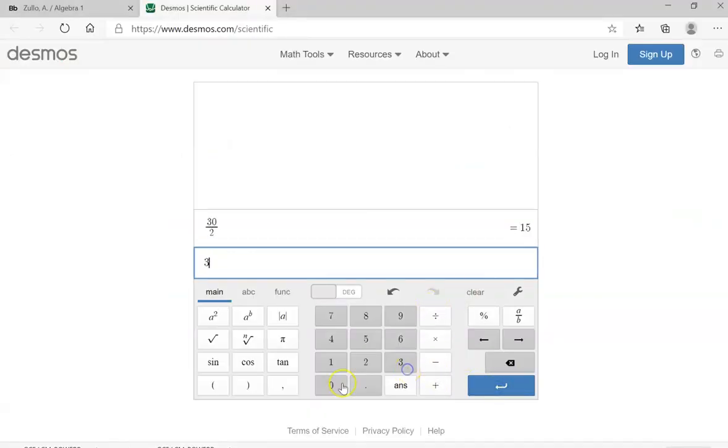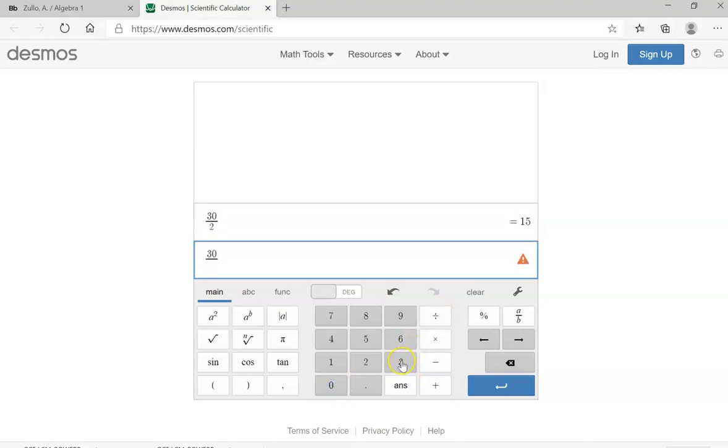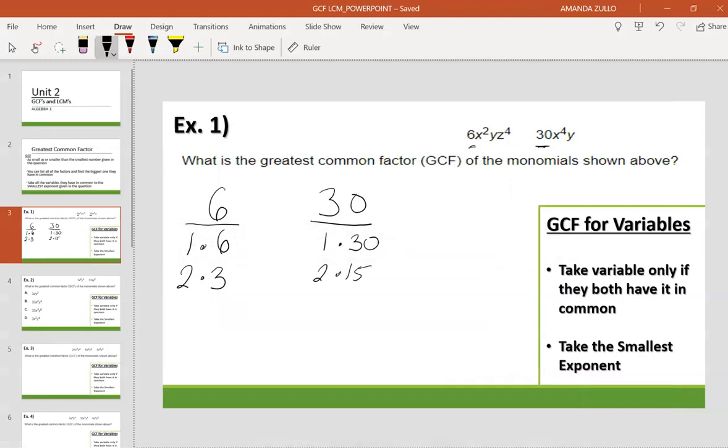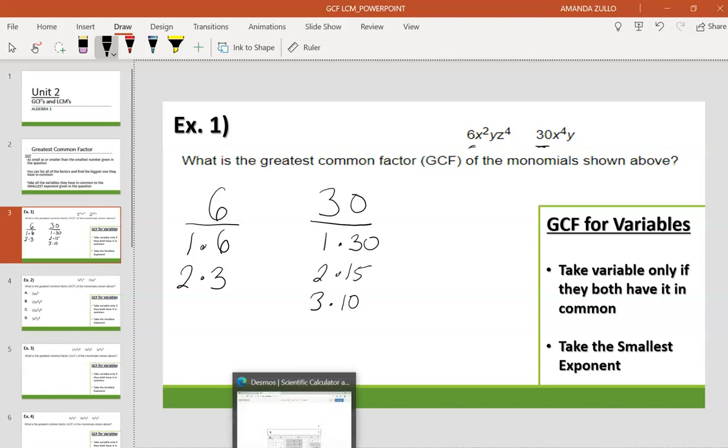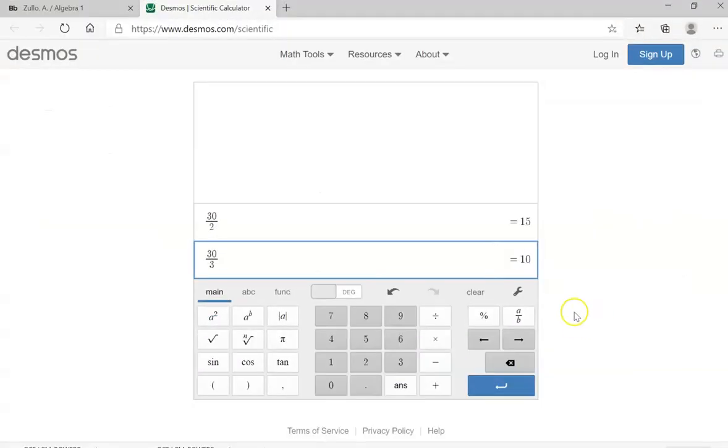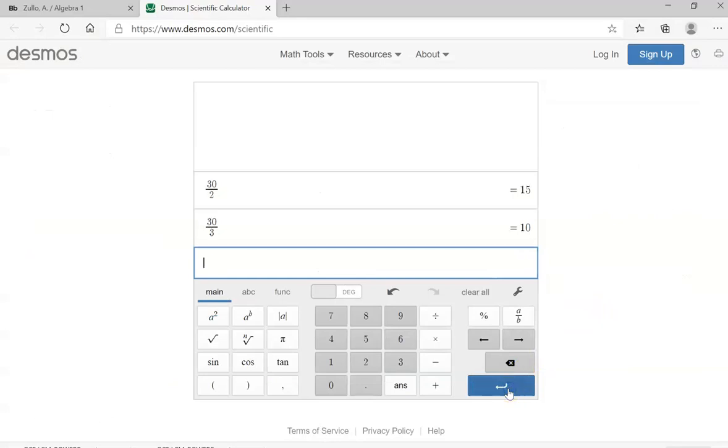Then you're going to do 30 divided by the number that comes after 2, which is 3. So 3 times 10 equals 30. So I know that 3 and 10 are factors of 30. And you might know a lot of these factors, and you might already know what the answer is, but just so we all could see this happening.